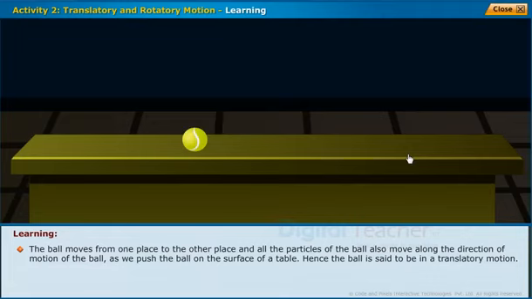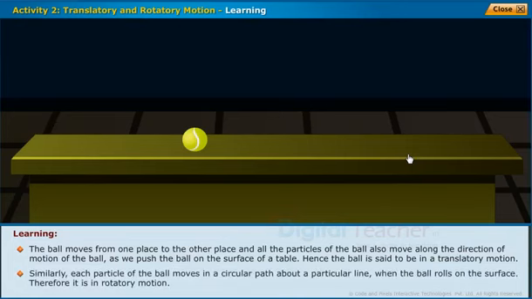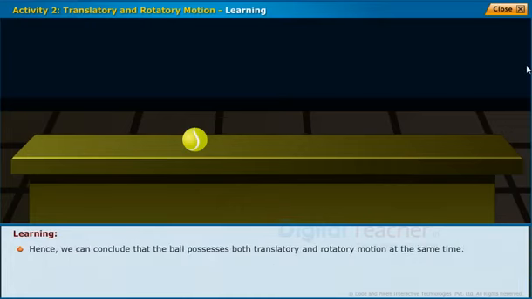Hence, the ball is said to be in a translatory motion. Similarly, each particle of the ball moves in a circular path about a particular line when the ball rolls on the surface. Therefore, it is in rotatory motion. Hence, we can conclude that the ball possesses both translatory and rotatory motion at the same time.